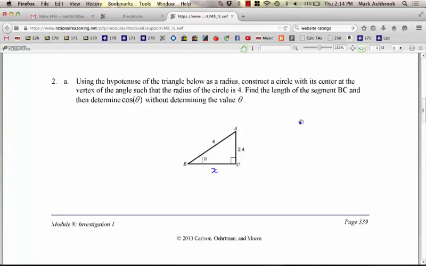Then you can use the Pythagorean theorem to solve for the side that you need. Cosine theta equals? What does this become? Are there more decimal places? No? Just 3.2? So cosine theta is 3.2 over 4.